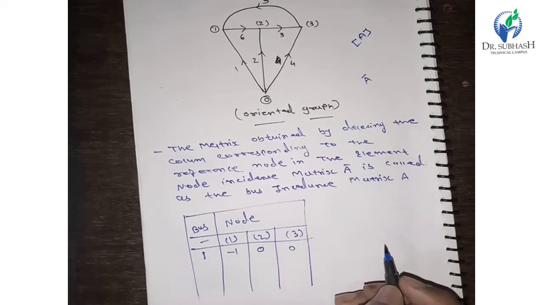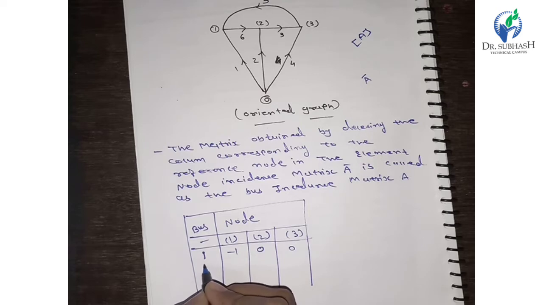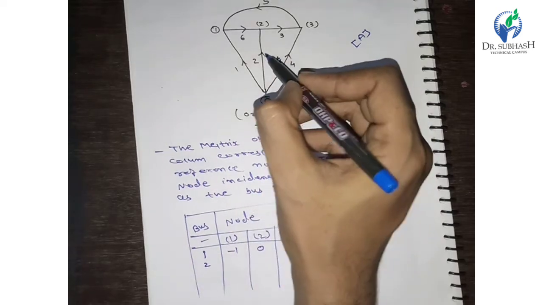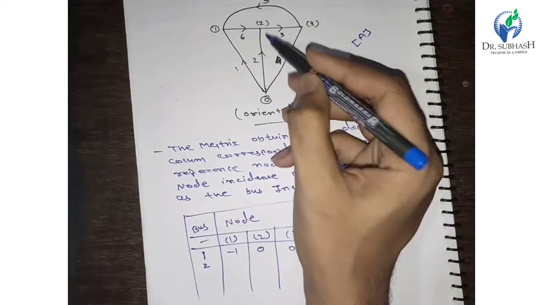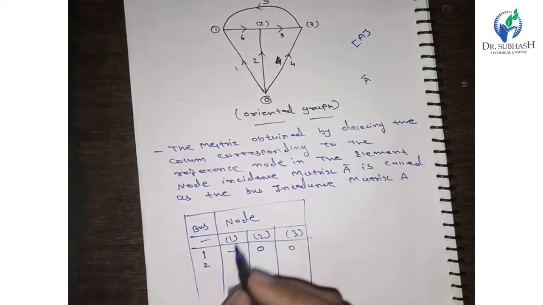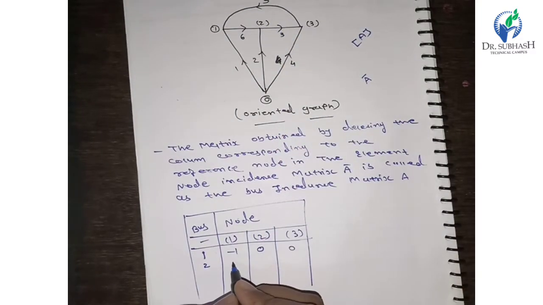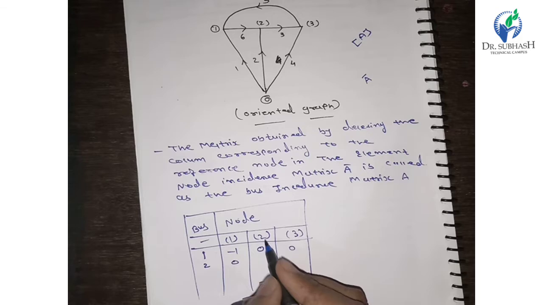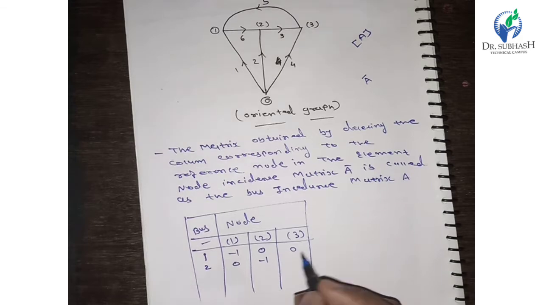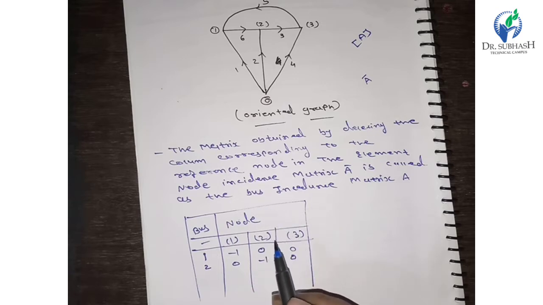For bus 2, bus 2 is connected between nodes 0 and 2. So in node 1 the value is 0, in node 2 the value is -1 and in node 3 the value is 0. Here we consider the common difference between the bus incidence matrix and the element incidence matrix.